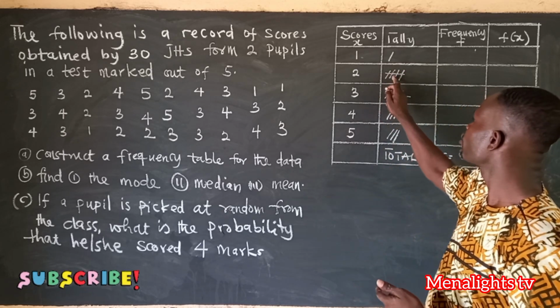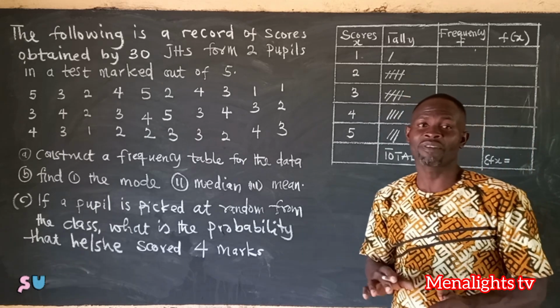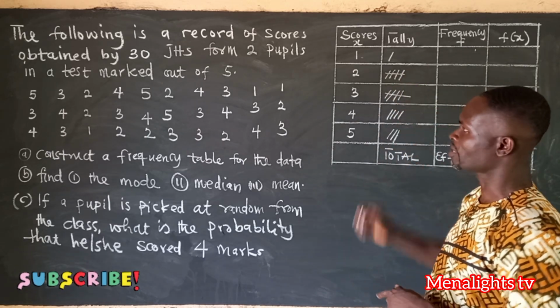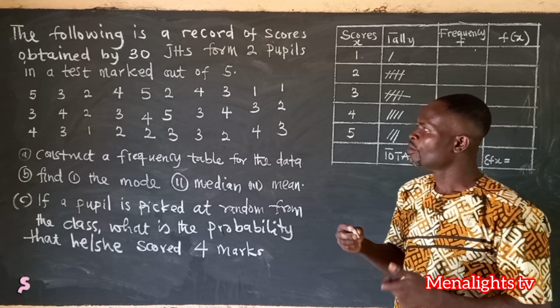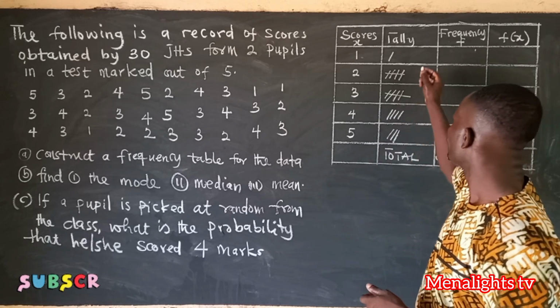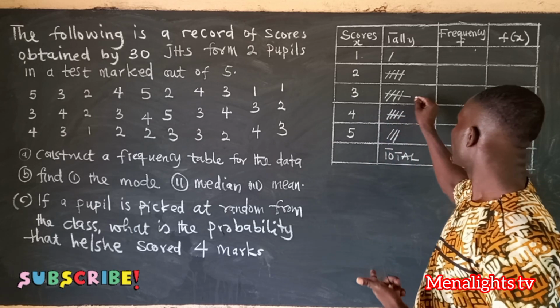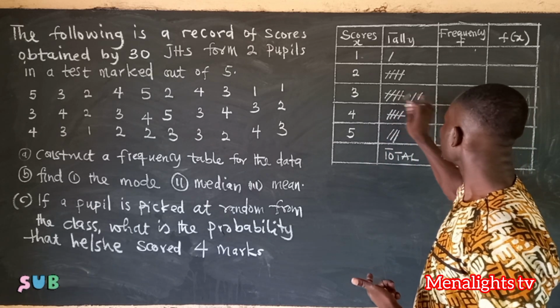Once we have 1, 2, 3, 4, the fifth one, we use it to cross the four strokes. Then after that we have 4, 3, 3. So 4 is the fifth one, so we cross it. Then 3, 3.